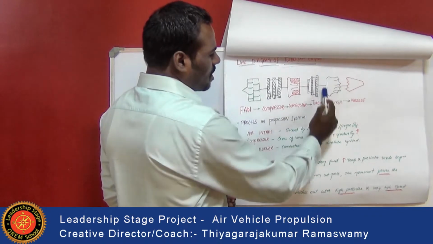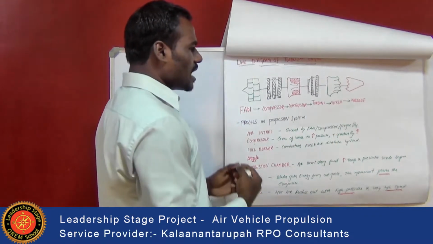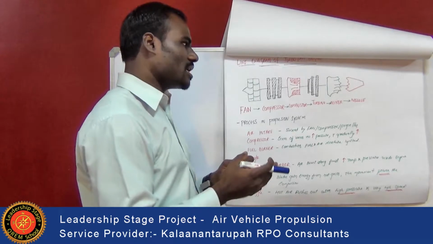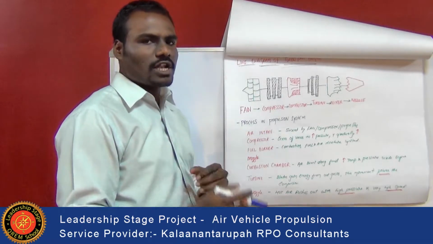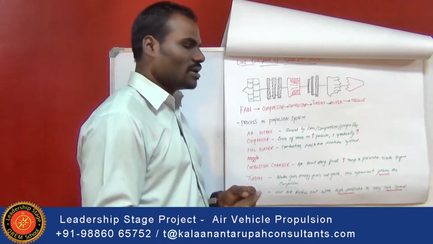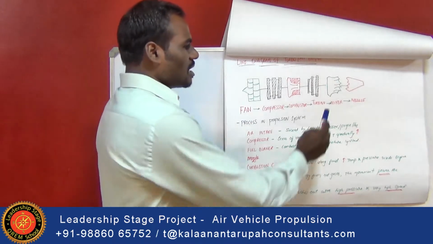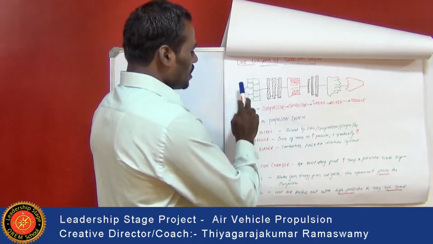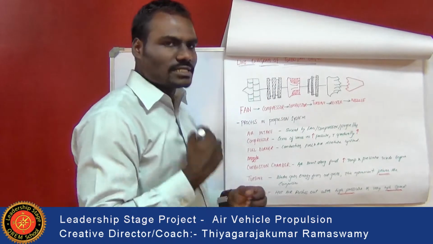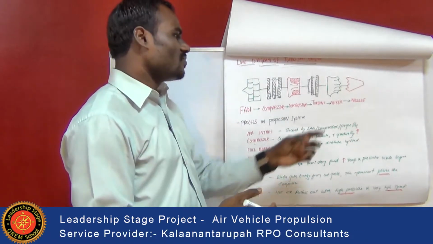Here is the afterburner process. The air exhausted from the turbine comes with a higher velocity and less pressure, so at the afterburner the air which is flowing inside the nacelle structure is also subjected to the afterburner process.